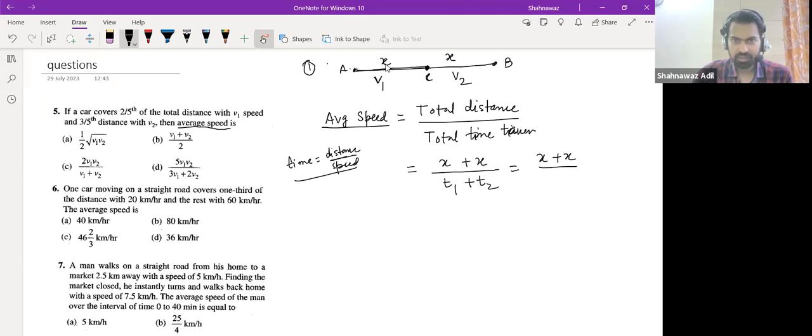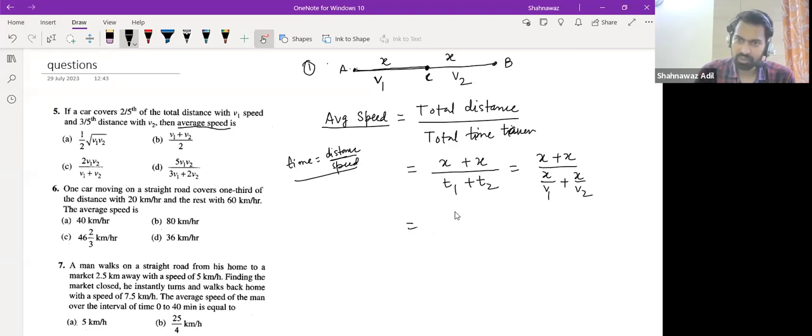Distance is x. X is the distance, and how much is the speed? v1, right? So x by v1. And Martin, you tell me what would be the T2 time? X by v2, right? So this is x by v2.